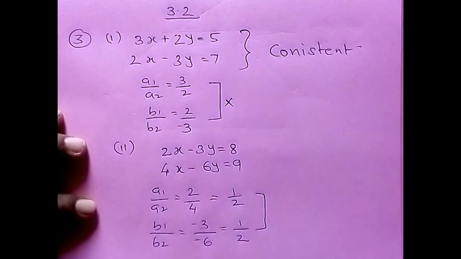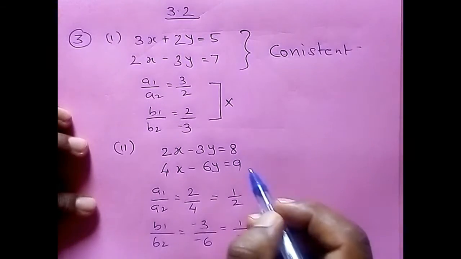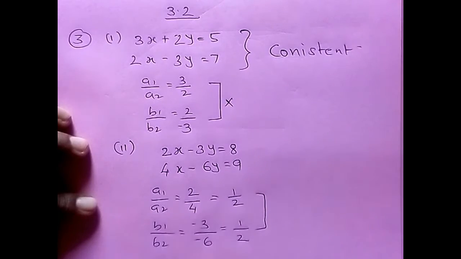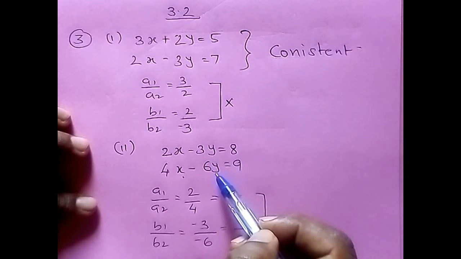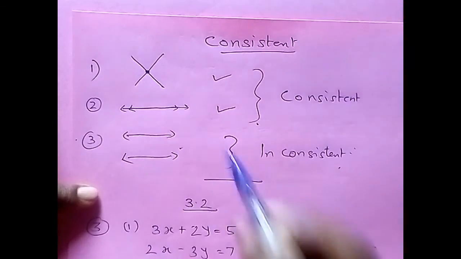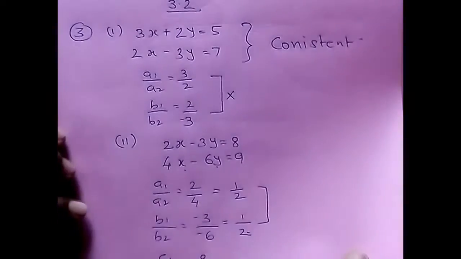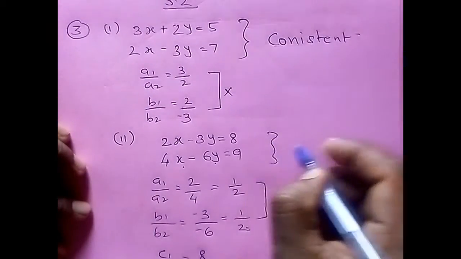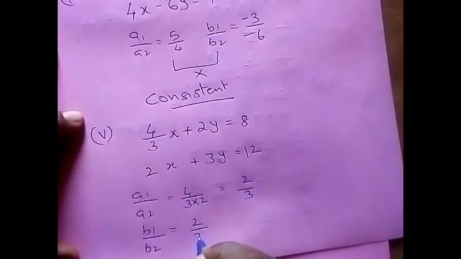So both are the same actually. So what about C1 by C2? C1 by C2 is equal to 8 by 9. So this is not equal to this. A1 by A2 is equal to B1 by B2, but the constant term ratio is not equal. That means it is the case of parallel lines. So when the lines are parallel, we call them inconsistent.